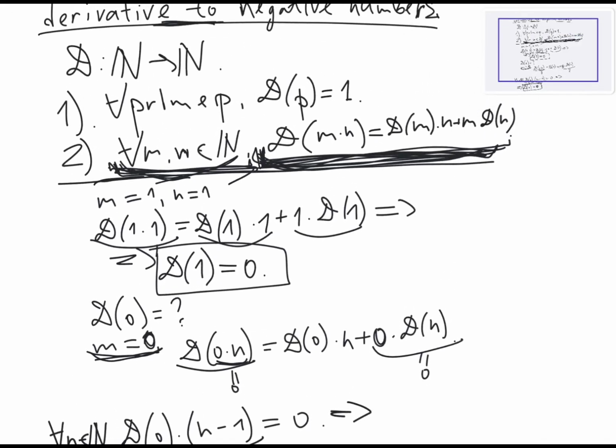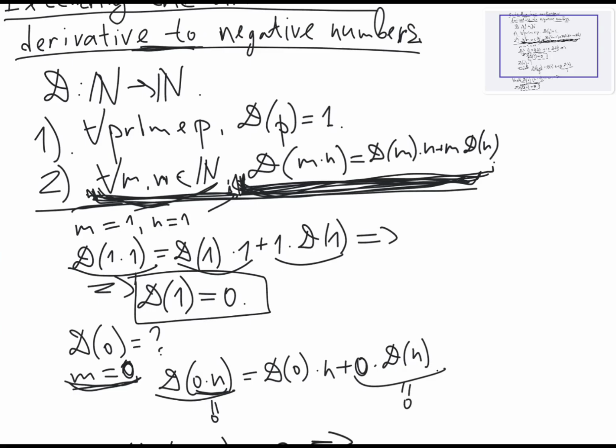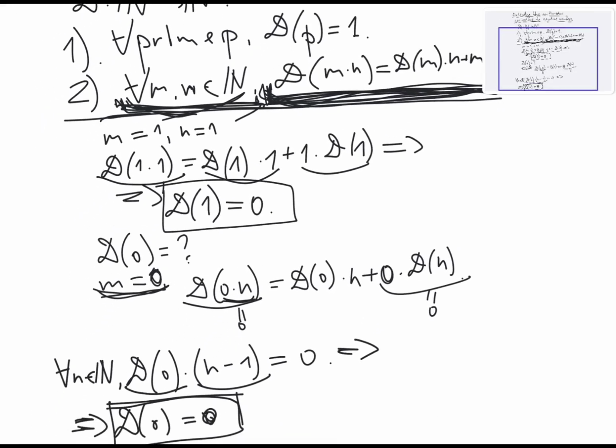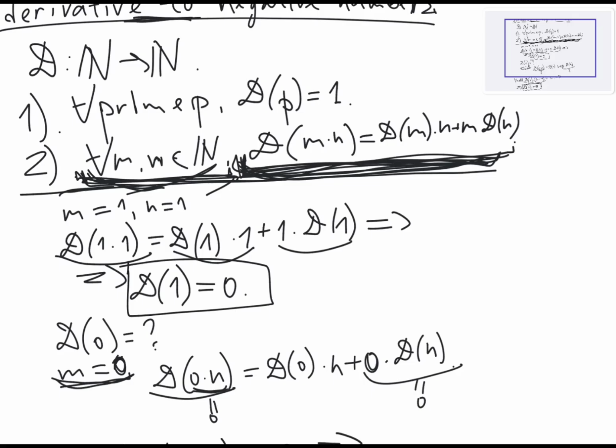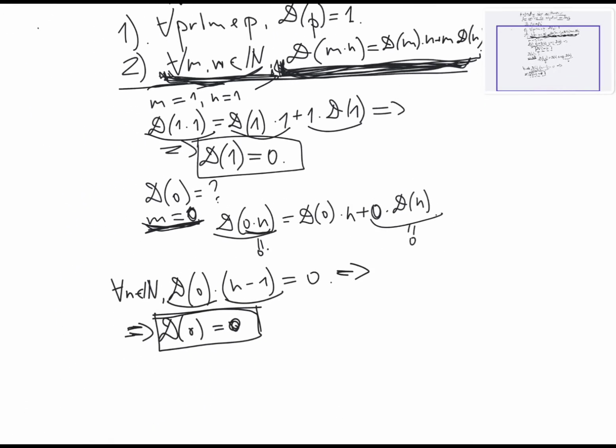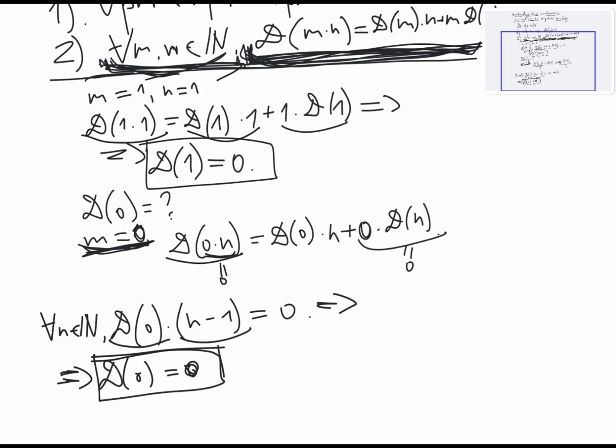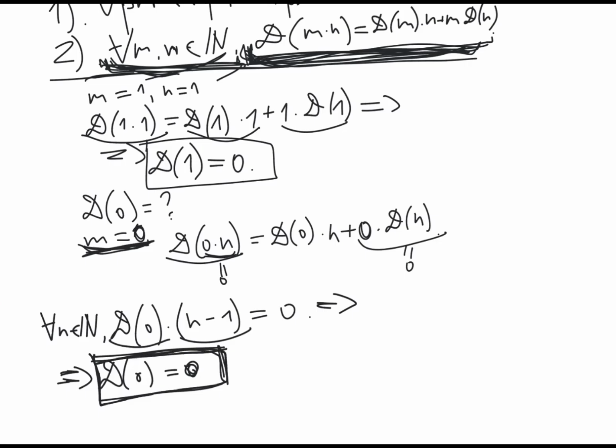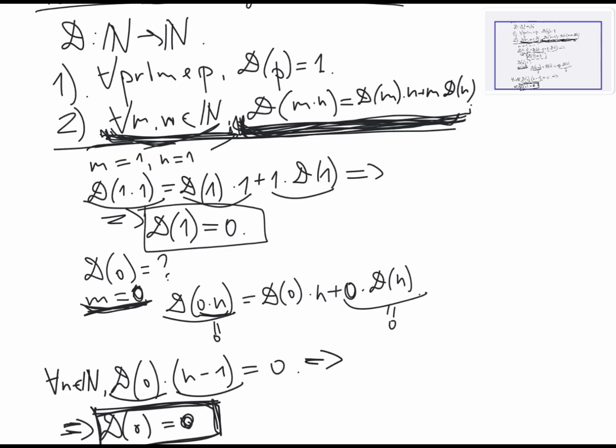But if we go back, going backwards, if we assume that d of 0 is 0, then the product rule would hold for 0 and any n.